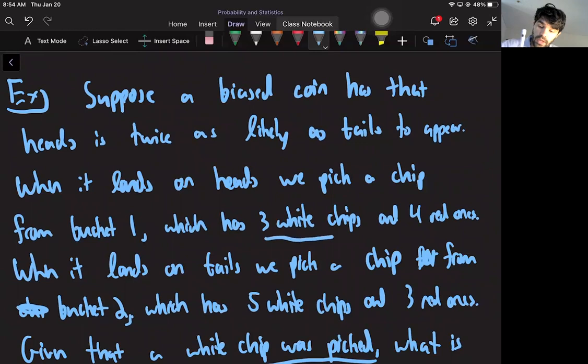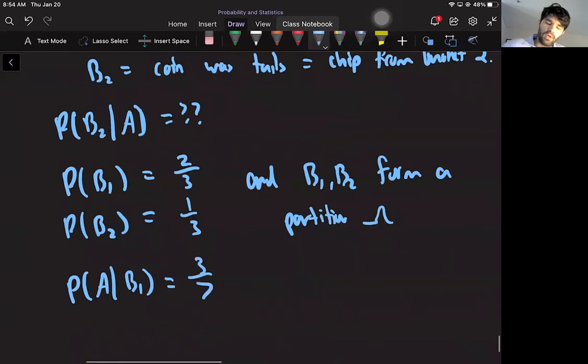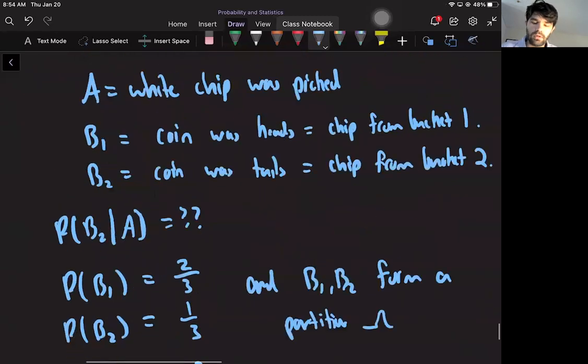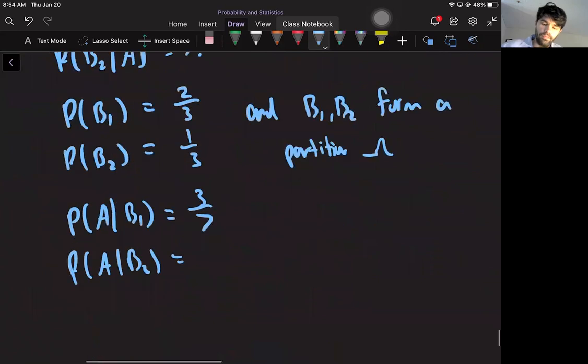Bucket 1 has 3 white chips and 4 red ones, so that's a 3 out of 7 chance that I get a white one if I'm in bucket 1. And then I can also do bucket 2. Same idea. I just look, there were 5 white chips and 3 red ones, so 5 out of 8. So that's the chance of getting a white chip if I'm already in bucket 2.